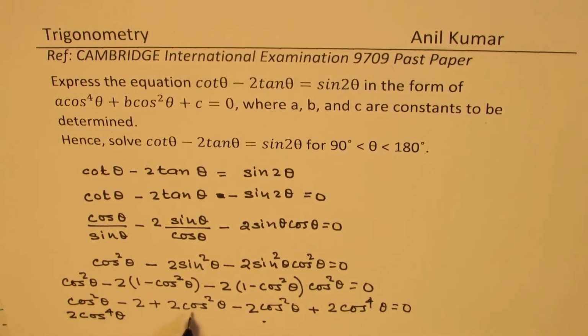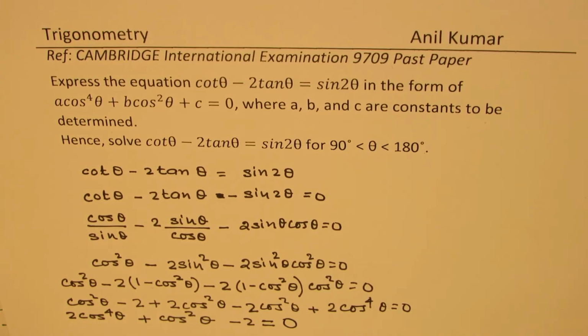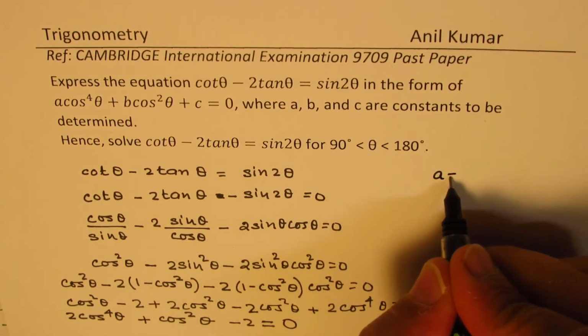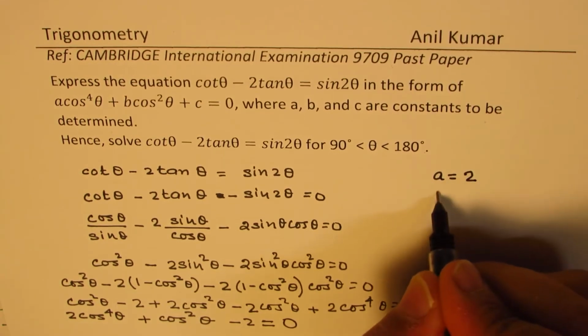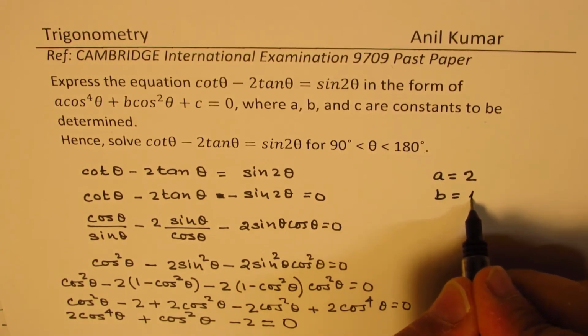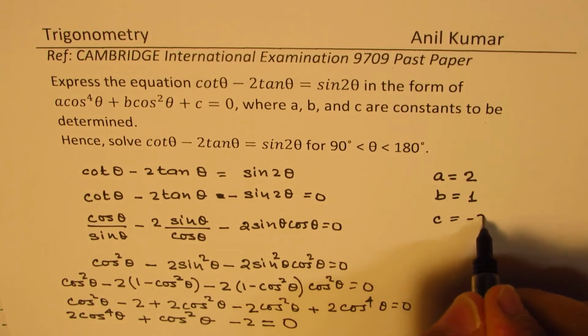For cos square theta, we have plus 2 cos square theta minus 2 cos square theta, which cancels, so we get plus cos square theta. As far as the constants are concerned, we have minus 2 equals 0. So that is the equation which we get. So in our case, we have A equals 2, B equals 1, and C equals minus 2.